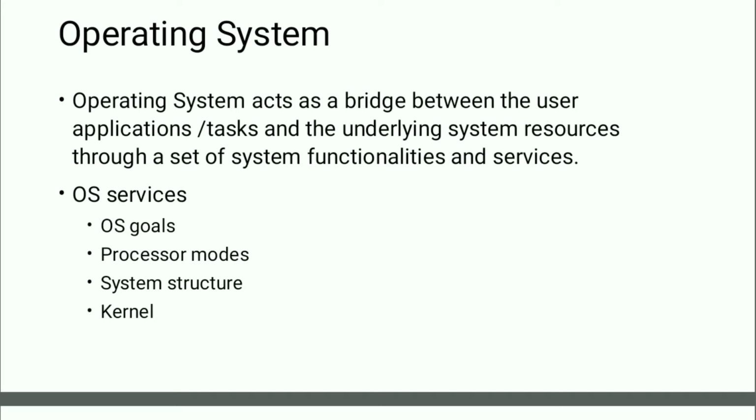And now the fourth one, that is the kernel. We all know that the kernel is the core part of the operating system, and it is responsible for managing the system resources and the communication among the hardware and other system services.